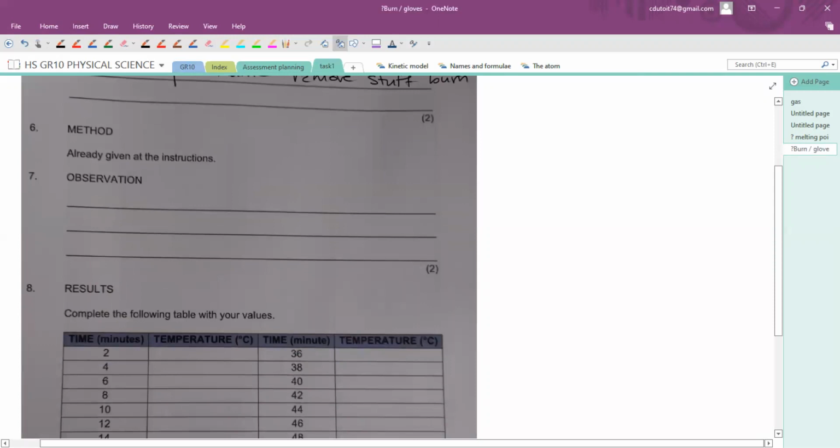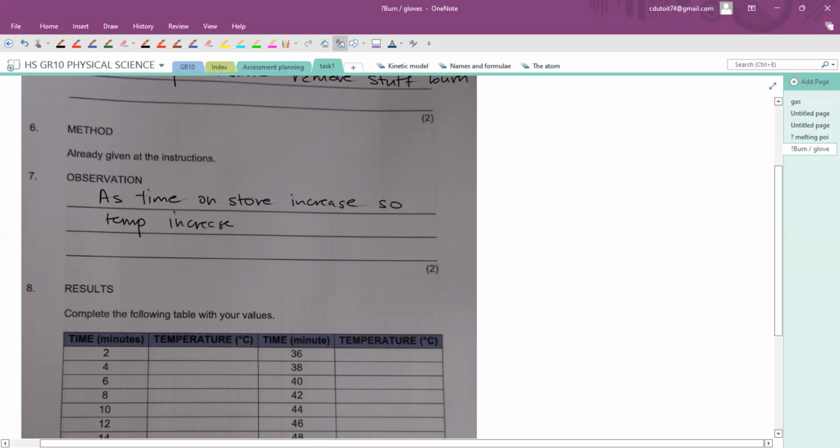Yes, I've already given the instruction. What is your observation? Yes, you must write in exactly what you see. As the temperature increases, what? The ice will melt. Yeah. As the time on the stove increases, so the temperature increases.